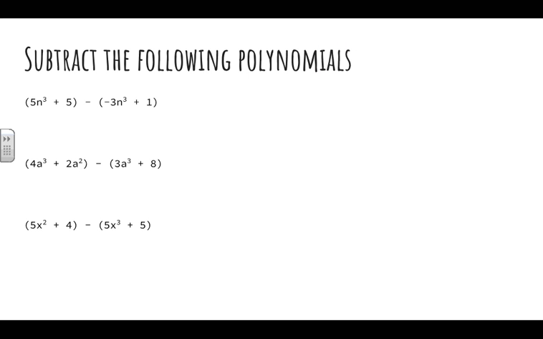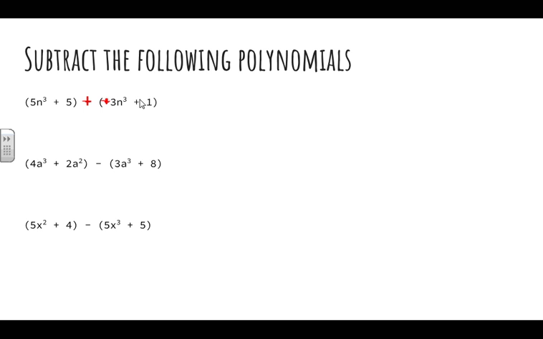So in this first problem, we have 5n cubed plus 5 minus negative 3n cubed plus 1. So keep, change, opposite. We're going to keep this polynomial. We're going to change subtraction to addition. This negative 3n cubed is just going to become a positive 3n cubed.